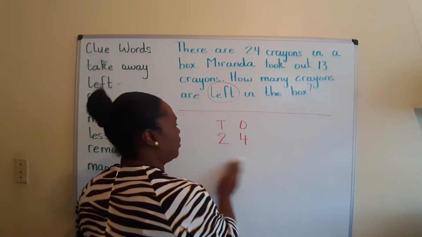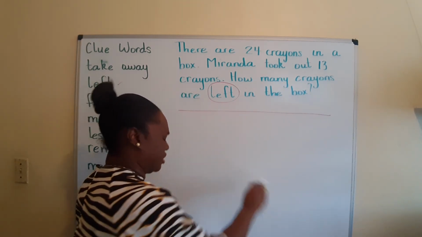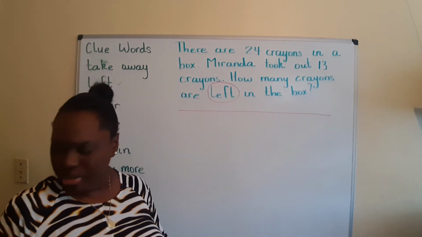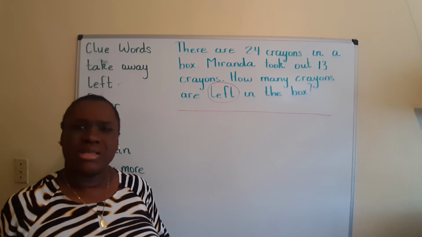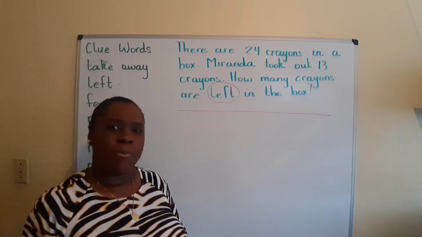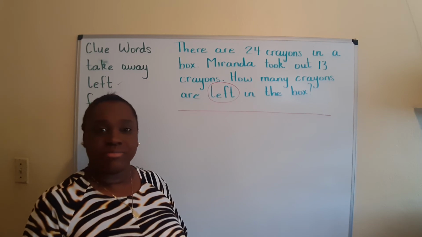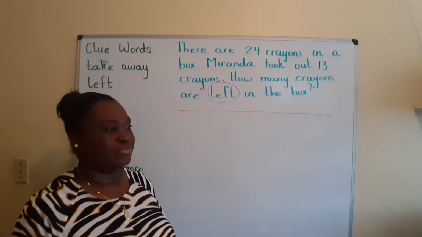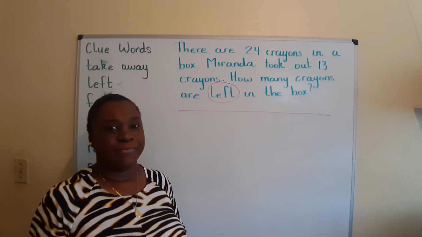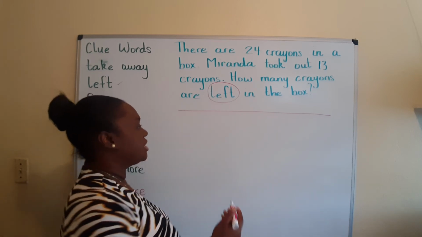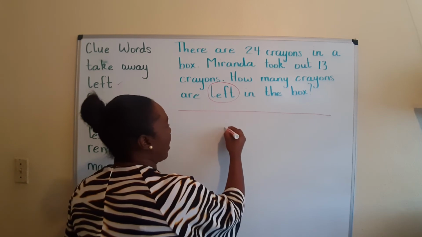But first, we need to think about, she said, her mom made a dozen cupcakes. What is a dozen? Is that a number? Could you tell me the number for 1 dozen? Think about it. Very good. A dozen is equal to 12.